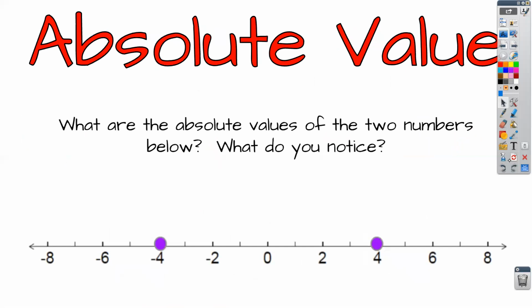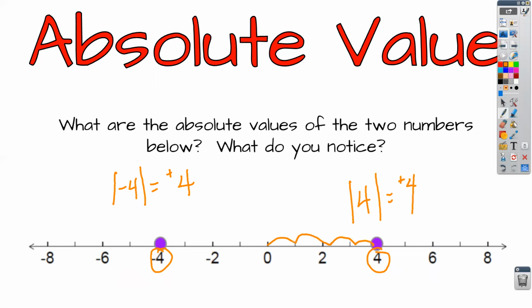Oh, and we've already answered this next question. It says, what are the absolute values? What do you notice? Well, one thing that I noticed is that the negative had the same absolute value as the positive. I noticed the absolute value of -4 was +4, and the absolute value of 4 was +4, because they are jumps.